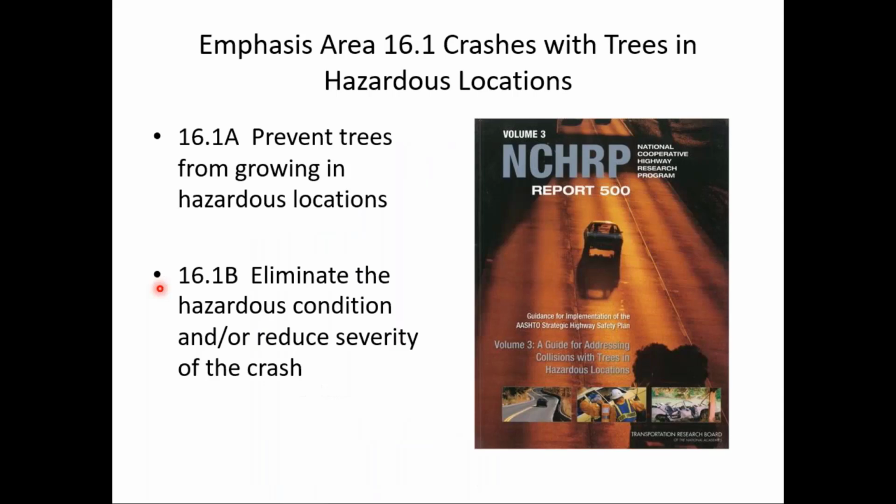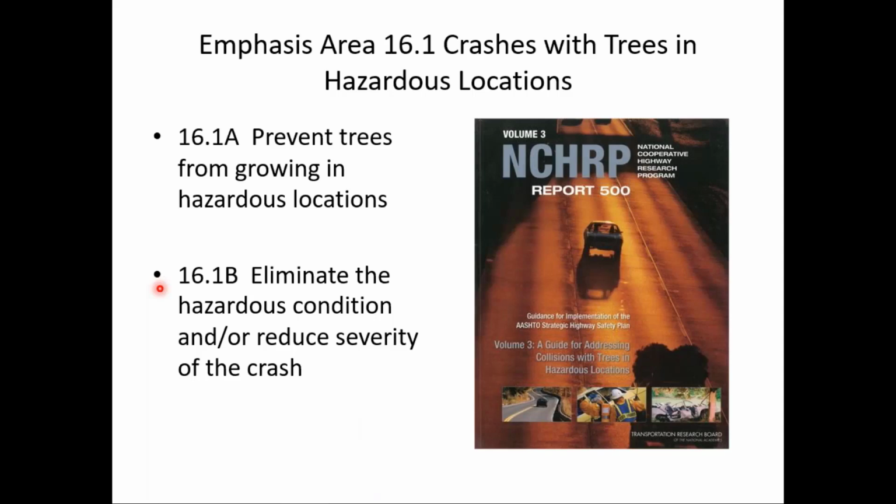So we're going to focus on trees and utility poles. And in fact, the NCHRP Report 500 series has a whole volume dedicated to a guide for addressing collisions with trees in hazardous locations. They talk about one strategy, which is to prevent trees from growing in hazardous locations, which would probably be the best solution.